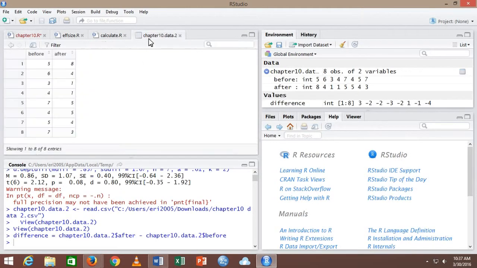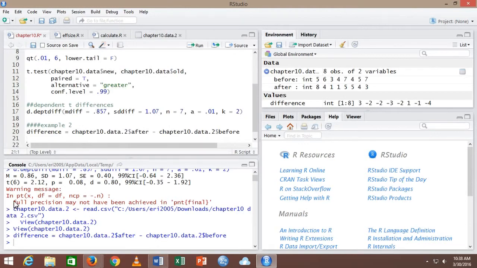What I tell you to do is just, as you're looking at the data, see which one makes sense. So if I have 5 minus 8, it gives me negative 3, but negative 3 means it went up in bags, and that's not what I wanted. 6 minus 4 would give me positive 2, but they went down. So I'm going to reverse them.